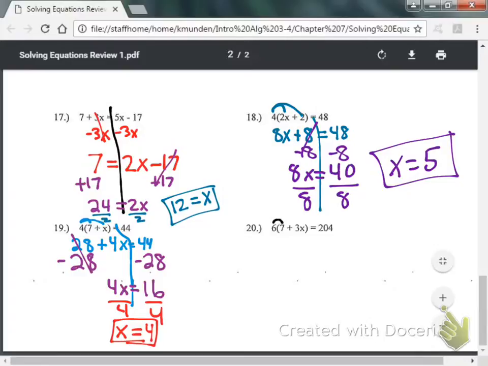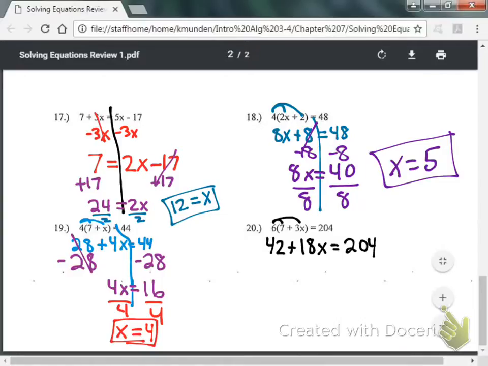Alright, what's 6 times 7? 42. Plus, what's 6 times 3x? 18x equals 204.